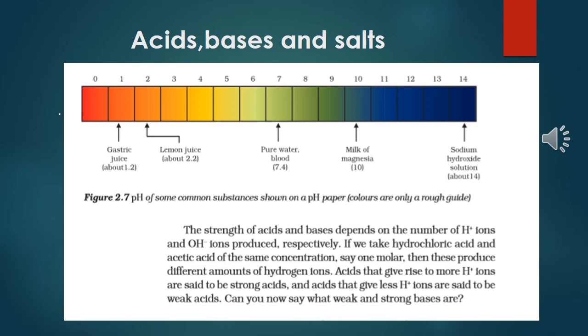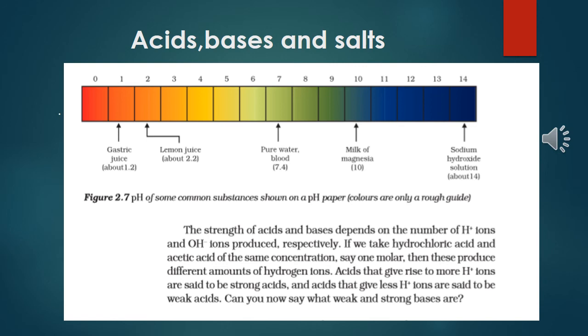Hydrochloric acid is a very strong acid and acetic acid, meaning ethanoic acid, is a very weak acid. If we dissolve both in water, hydrochloric acid produces more hydrogen ion compared to acetic acid, which produces less hydrogen ion.